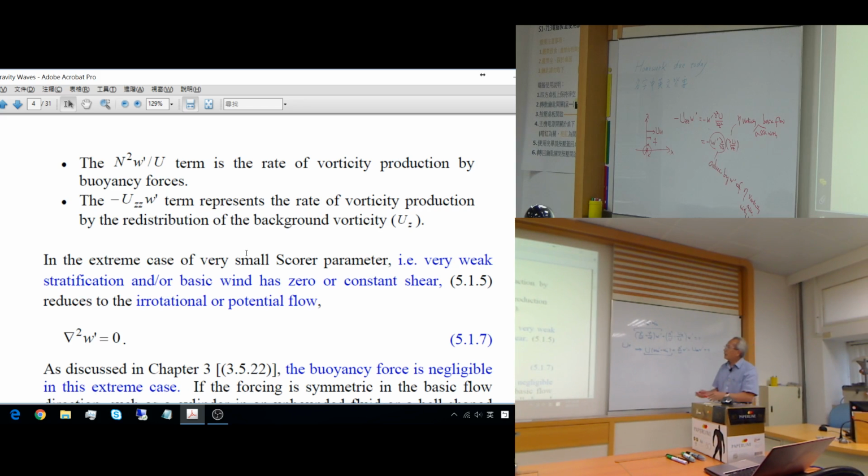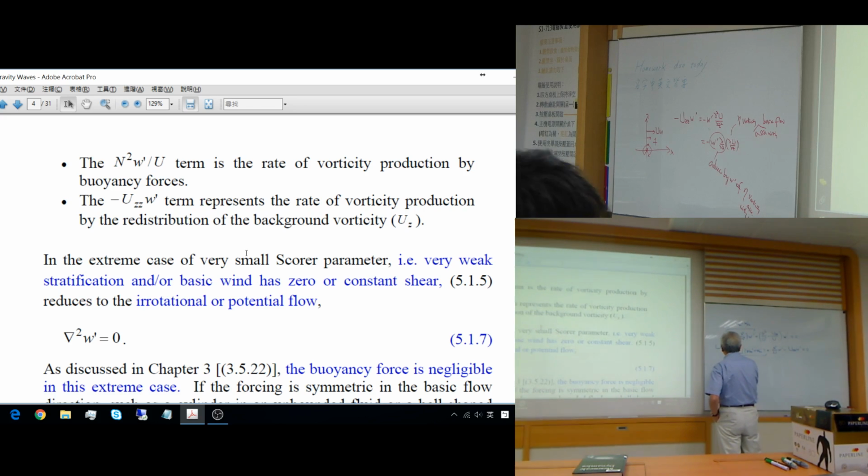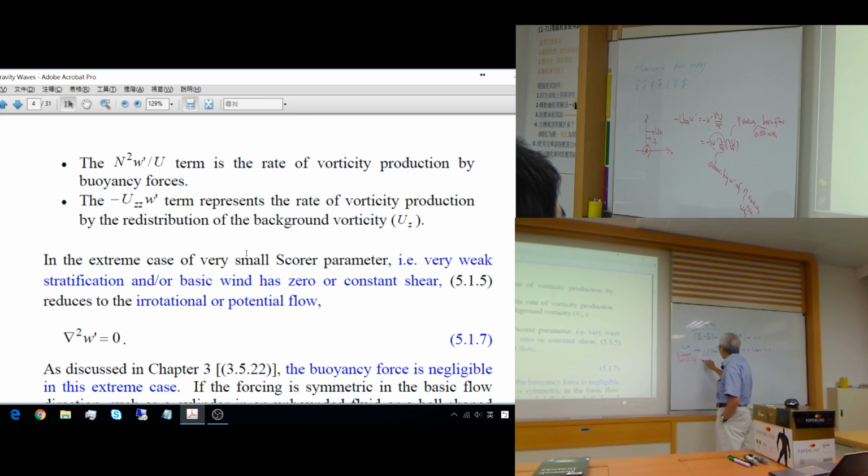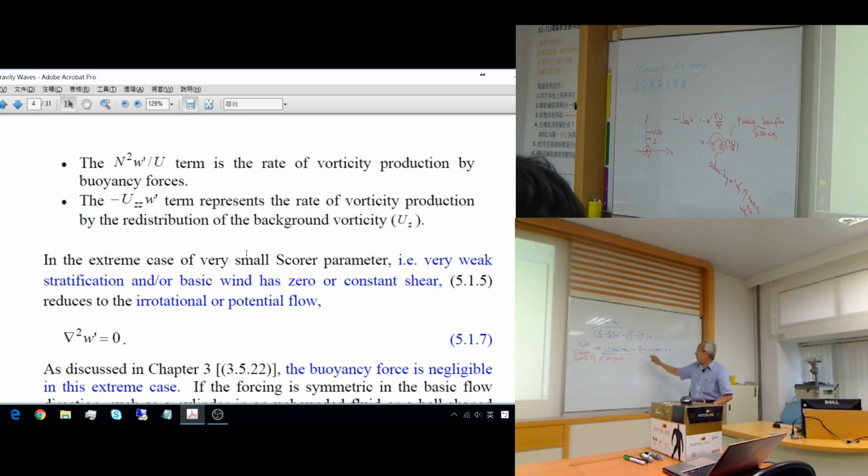Extreme cases. First, if N square is very small, that means this term is very small.